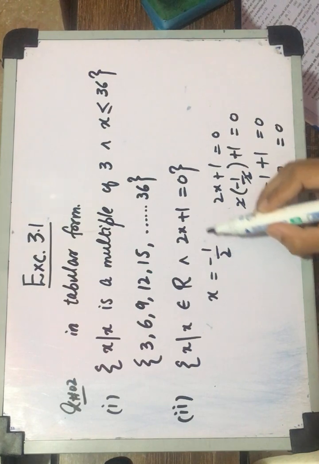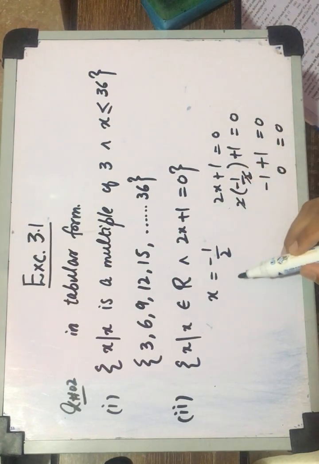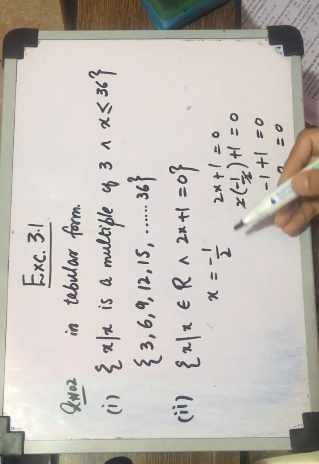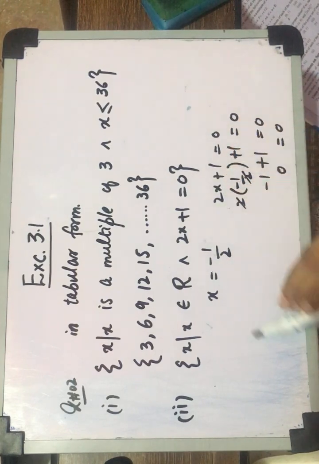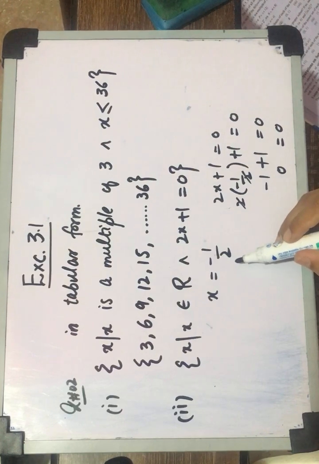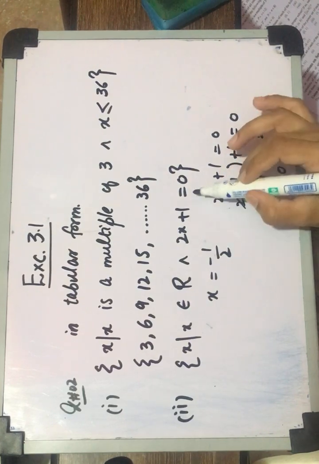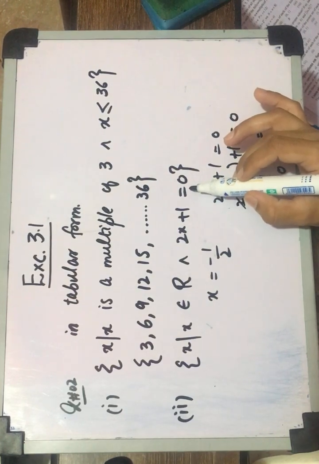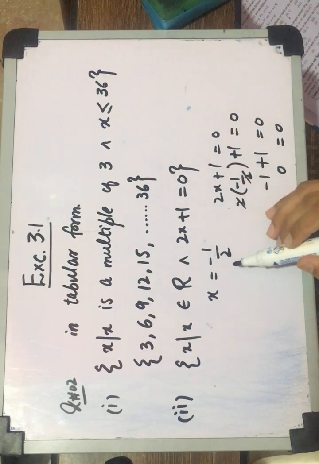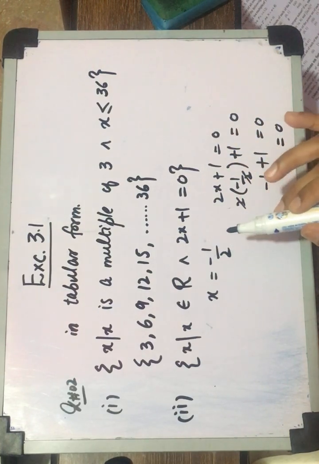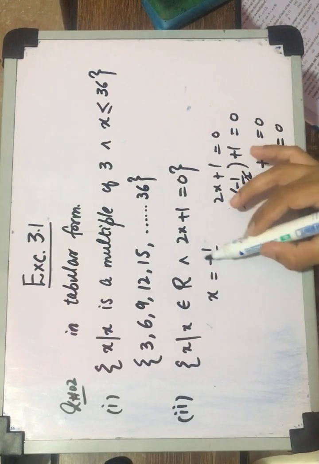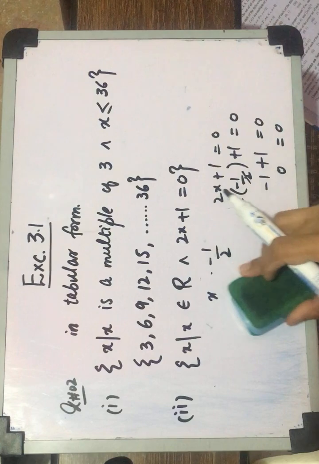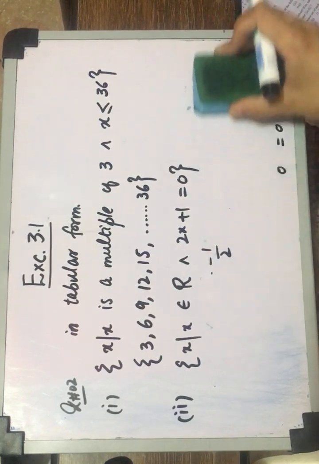So this will be the solution set of this equation. And what other elements are going to satisfy this equation? I think there is no other element which satisfies this equation. So the tabular form of this set will be minus 1 by 2, which is the single element.